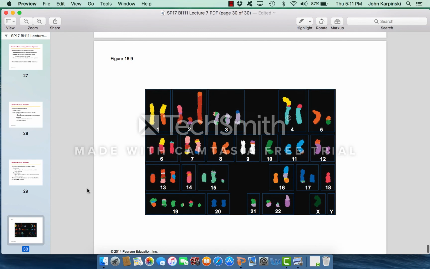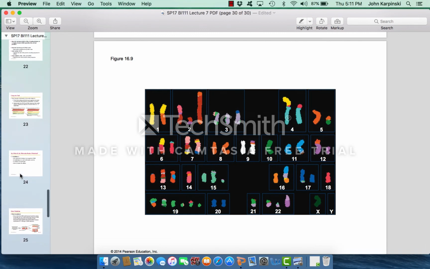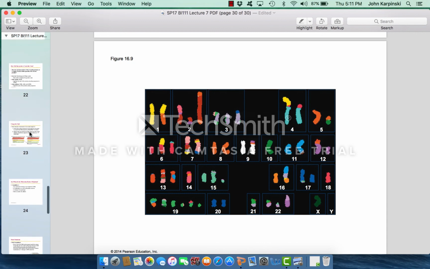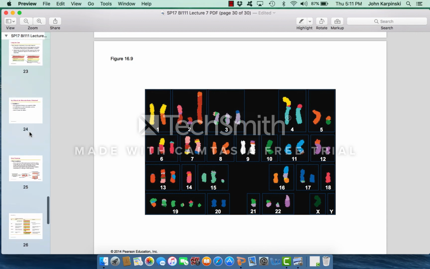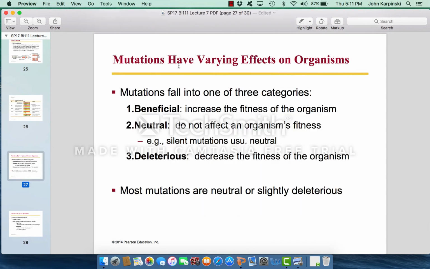Okay, so that's it for this lecture. I think I skipped over one slide, which simply says that mutations can have one of 3 effects. They can either be beneficial, so that's what we look at when we're talking about increasing fitness in a natural selection context.